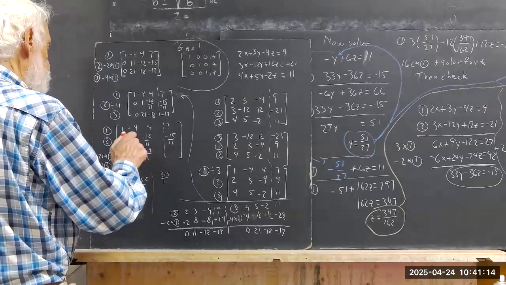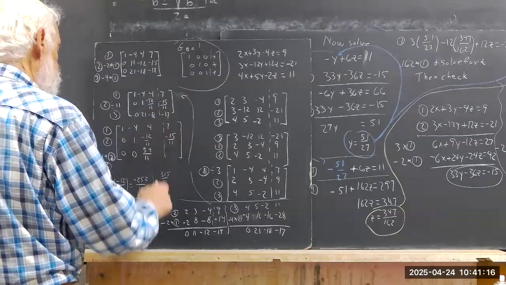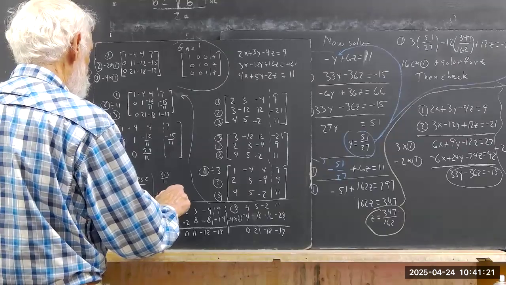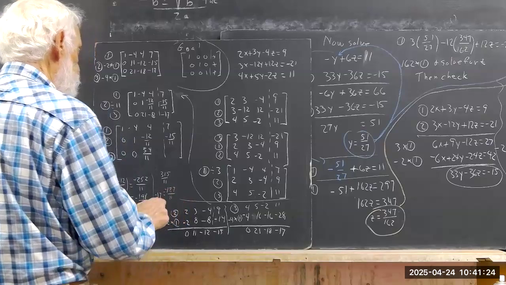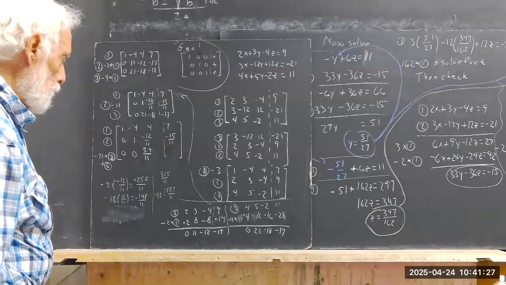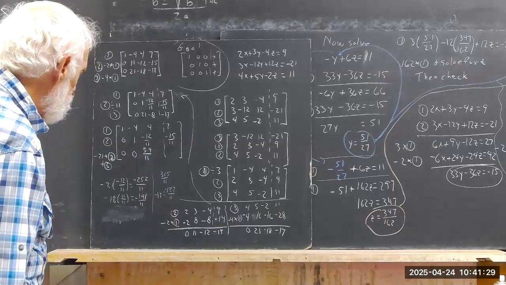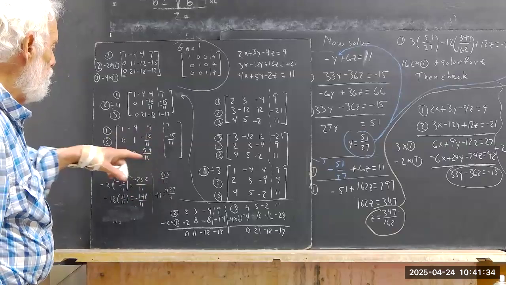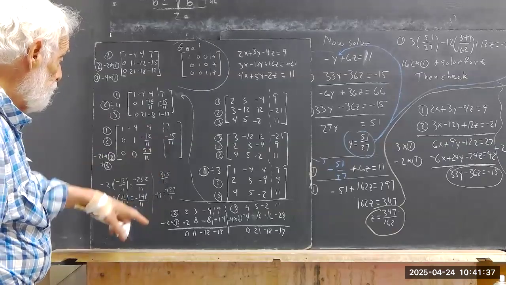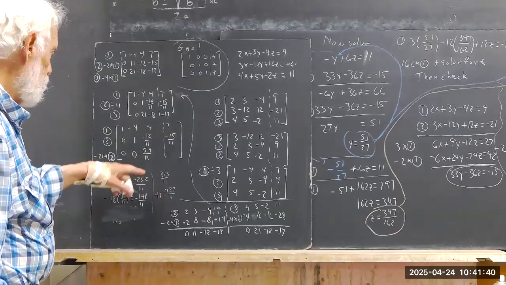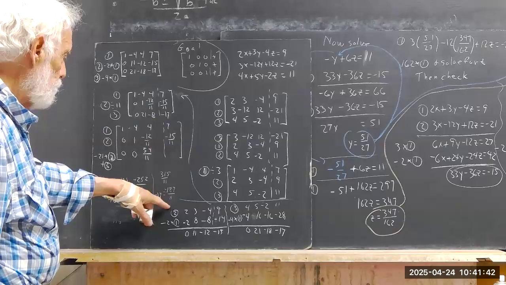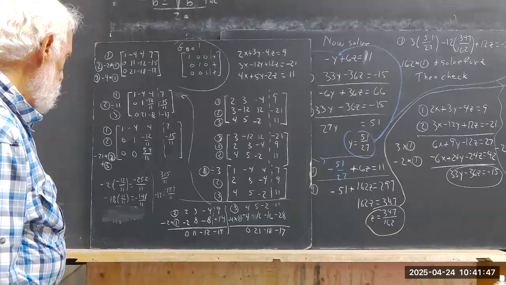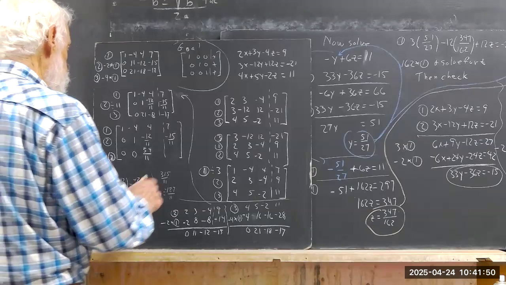And then negative 17 is negative 187 over 11. So it looks like I'm going to have a plus 315 over 11 when I multiply this by 21, and a negative 187 over 11 when I take this negative 17 and write it as a fraction. And that's going to give me 128, I think.